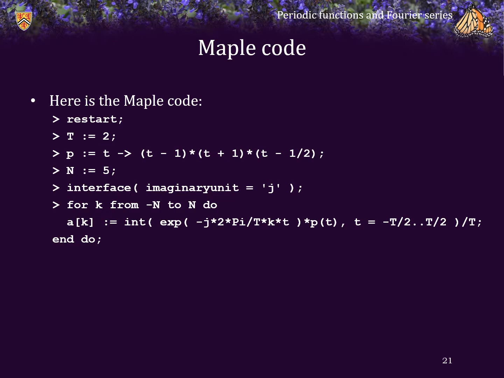In this case, n is assigned 5, so -5 to 5. And we will calculate a sub k for each of those values of k. So that's the integral of the conjugate of the function, so negating the exponent, times the polynomial integrated on the interval from -t/2 to t/2, all divided by t.